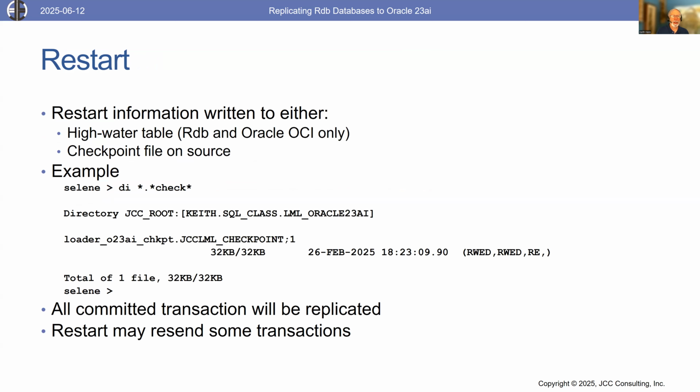On restart, we use the checkpoint. In the case of an RDB target or an Oracle OCI target, we use a high water table in the database. In the case of JDBC, instead of putting a table in the target database, we create a file on the local system, a checkpoint file.